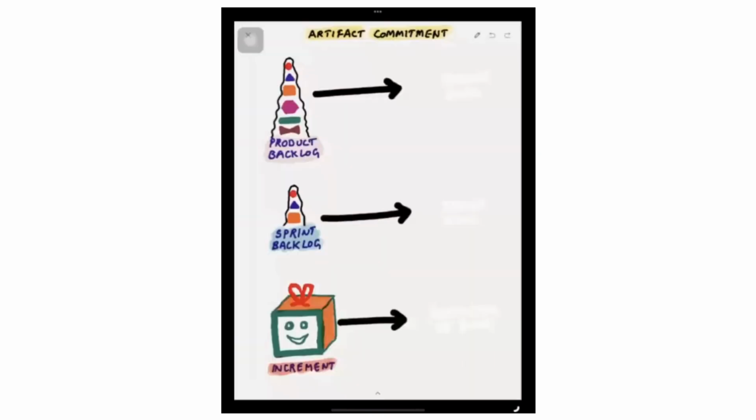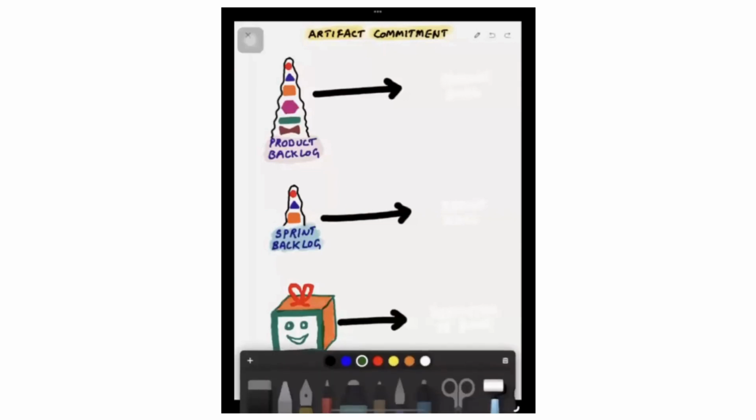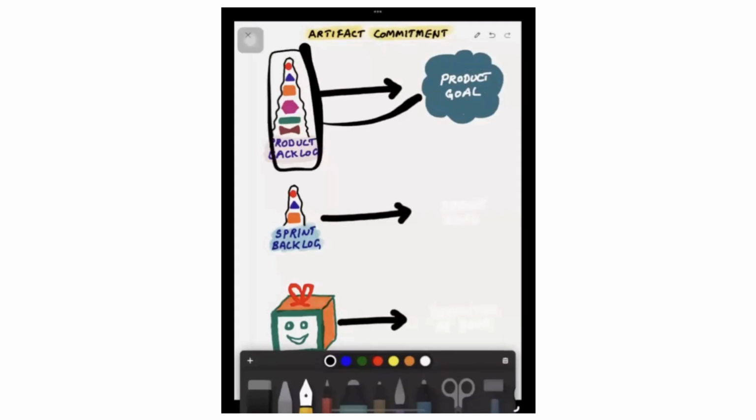Scrum also created a commitment for each of these artifacts. The product backlog commitment is the product goal, which means any item that is part of the product backlog should be in line with the product goal, and it should help support meeting the product goal.